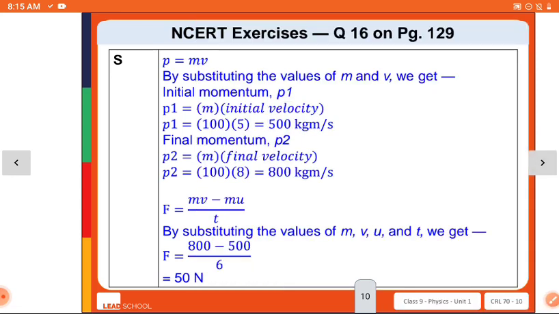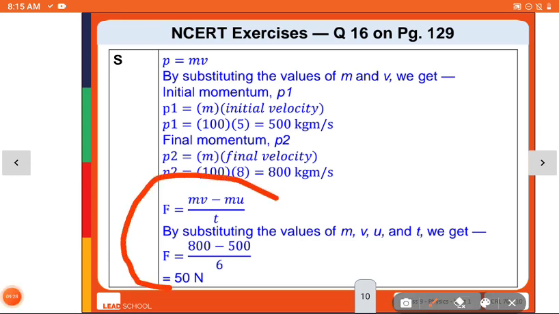So student, after putting the values, the initial momentum is 500 kilogram meter per second and the final momentum is 800 kilogram meter per second. After putting the values of these two momenta, the force is 50 Newton.